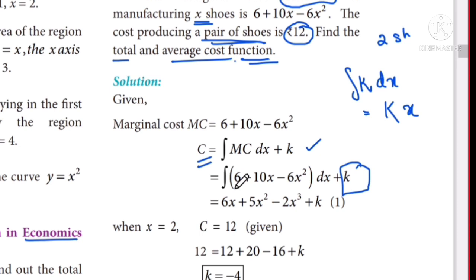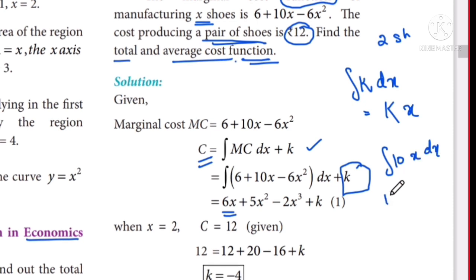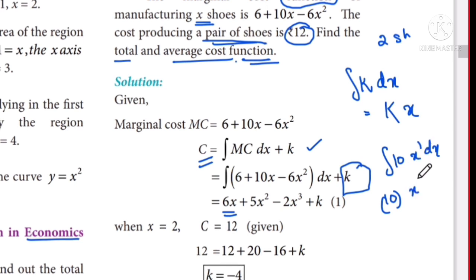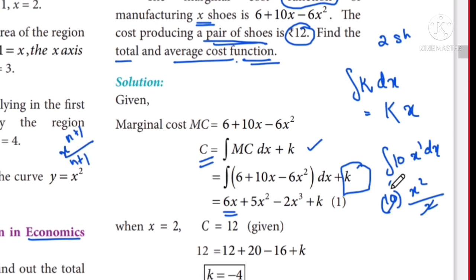So integration of 6 is 6x. Integration of 10x: 10 is a constant, x is x power 2 by 2. The formula we are using is x power n plus 1 by n plus 1. So that is 5x square.